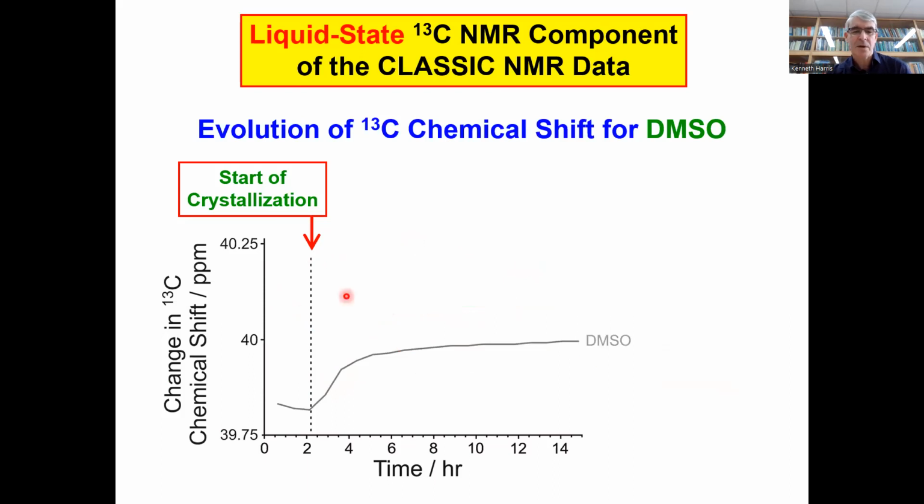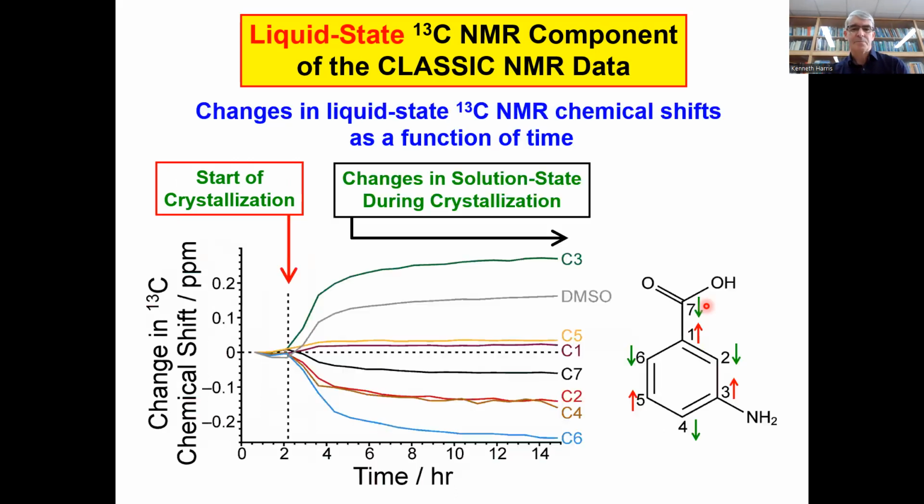And even the solvent shows a very significant evolution in chemical shift as a function of time once the crystallization has started. And all of these changes in liquid state chemical shifts tell us there must be changes in the interactions and the environment of the molecule in solution, and maybe also the speciation as a function of time once the crystallization is actually progressing.